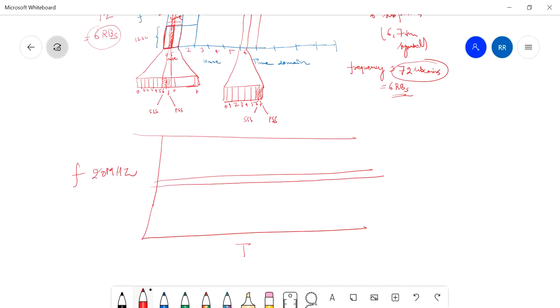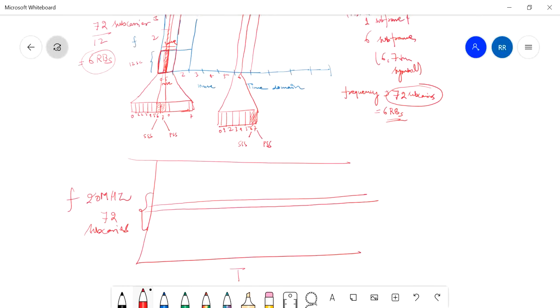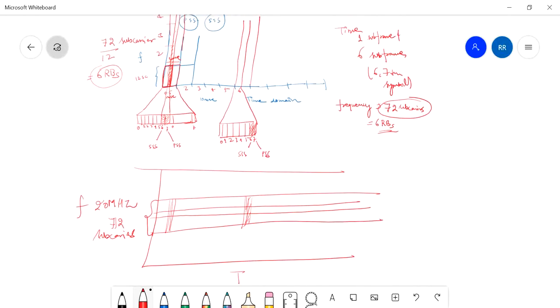So suppose these are the 72 subcarriers, they would be present here only on the first subframe and the sixth subframe, like this. So subcarriers would be chosen in the middle of the frequency, right? This is for PSS and SSS.